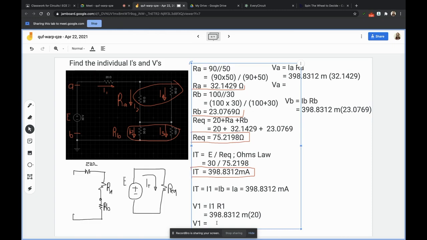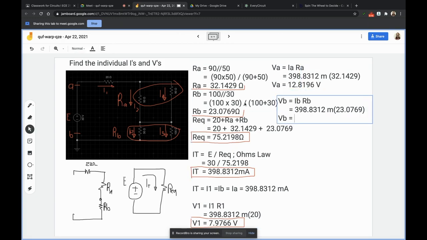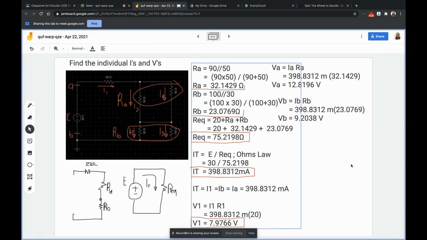Yes, that is 7.9766 volts. How about our VA? What is our VA and what is our VB? 12.8196. And the last one, VB, 9.2038.